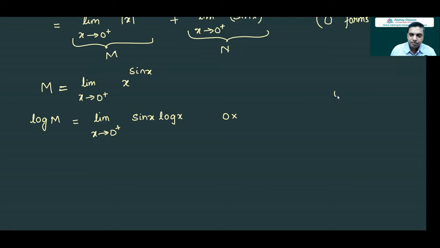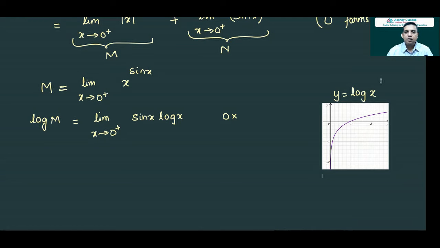So remember the graph of log x. Now as x tends to infinity, log x will go to infinity. But as x tends to 0, log x values go to minus infinity. So this is 0 into minus infinity.